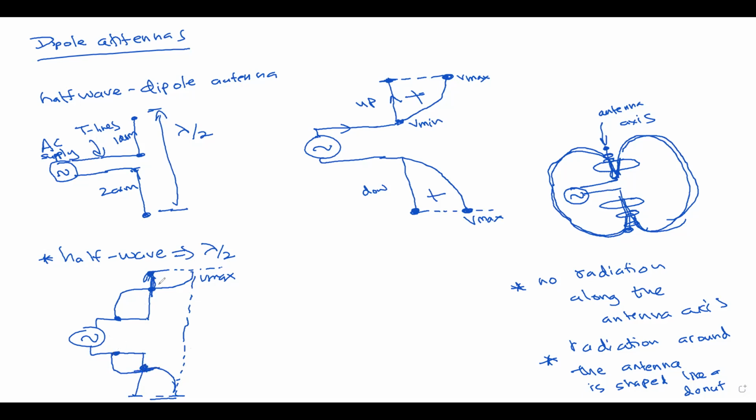So this voltage and this voltage will cancel out, and this voltage and this voltage will cancel out, and therefore there will be no radiation if we select the antenna length to be lambda. For example, there will be no radiation because of the cancellation of the voltages on both arms.